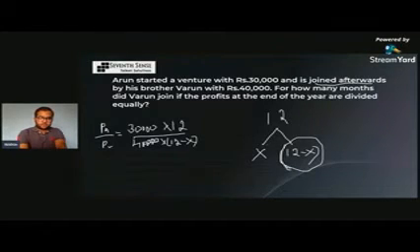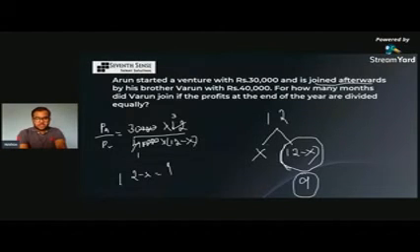That is, he'll be there for that many duration. And I think this is 1 time, this is 3 times. So profit share is equal, right? So 1 is to 1. If you just cross multiply, 12 minus X is equal to 3 into 3, which is 9. So we got the 12 minus X value. So he will be there in the business for 9 months.